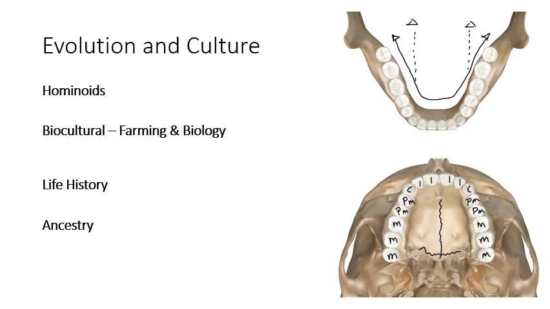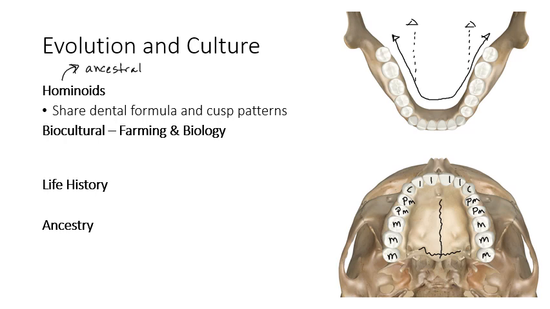Here, I want to briefly talk about evolution and culture as it relates to a few of the things that we've already discussed about our anatomy. When we look at hominoids, or ancestral hominoids, a hominoid is a species that's ancestral to humans.